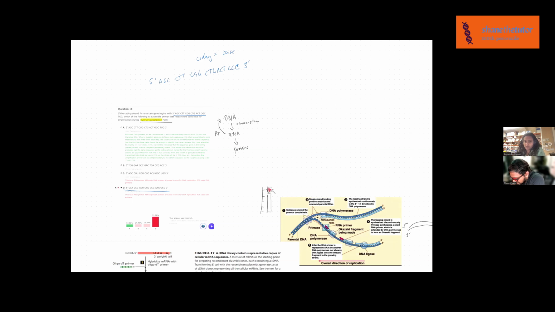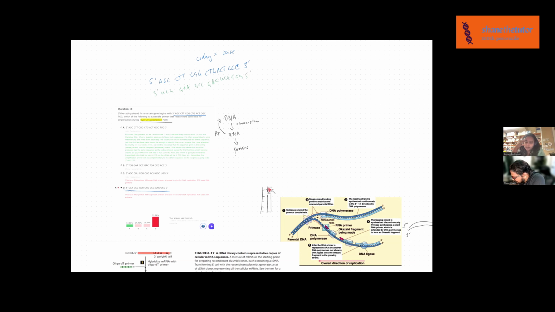I'll write this in green. So it's going to be U, C, G, G, A, G, C, C, G, A, C, T, G, C, U, G, A, G, G, or rather C, C, G, 5', right?